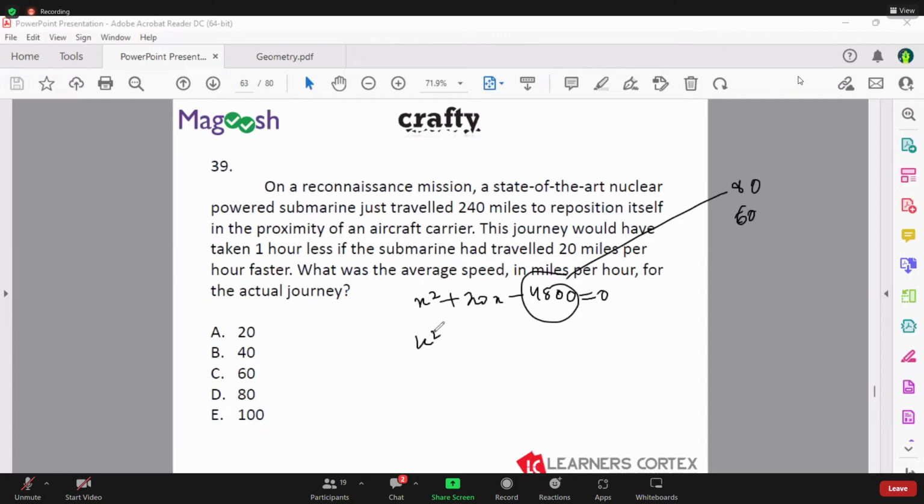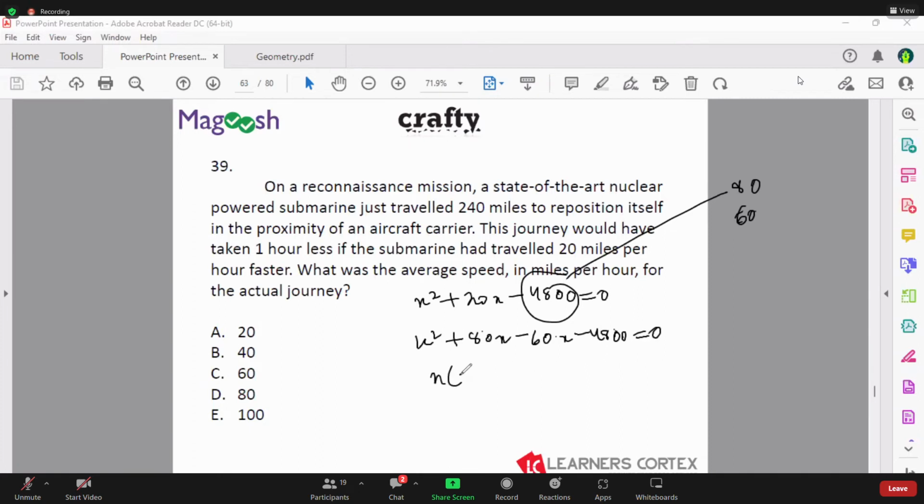Okay, so x square plus 80x minus 60x minus 4800 is equal to 0.